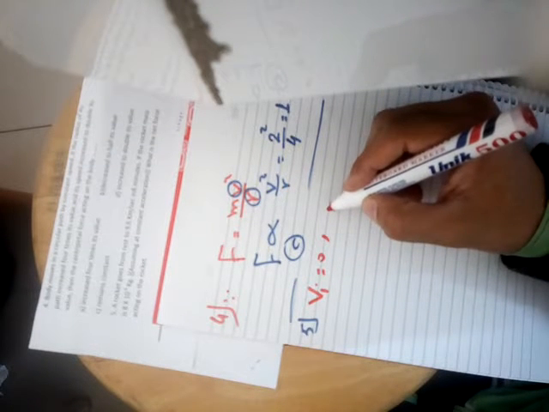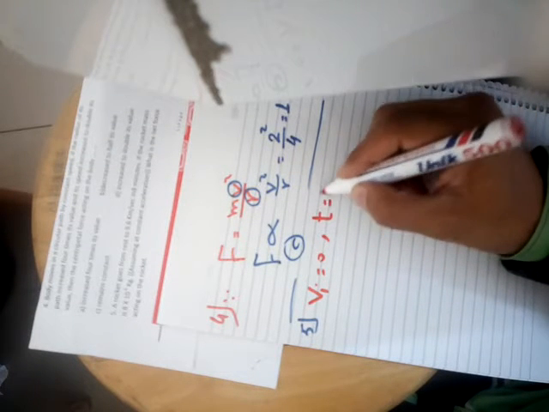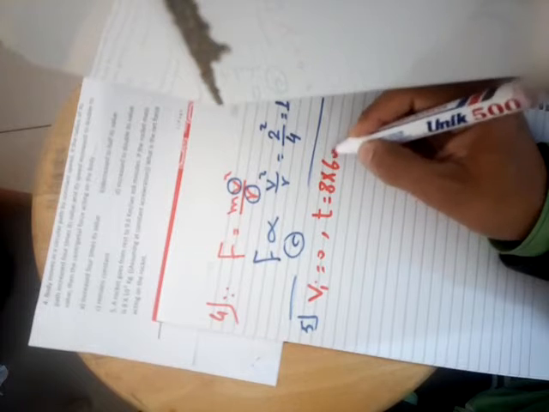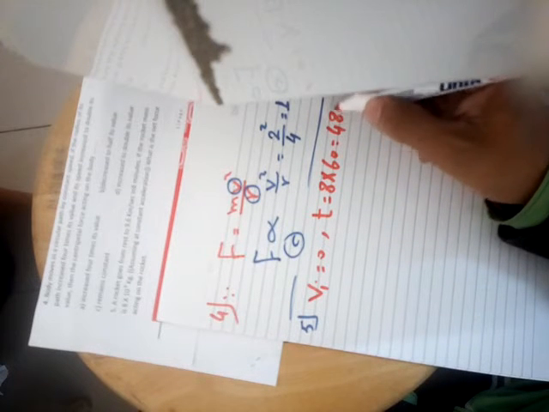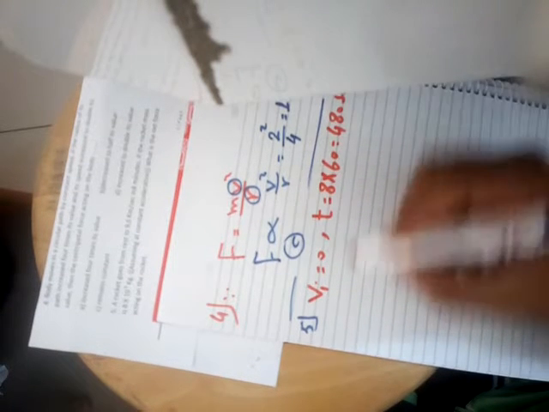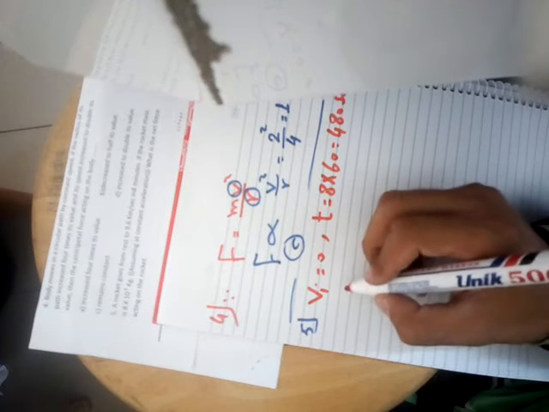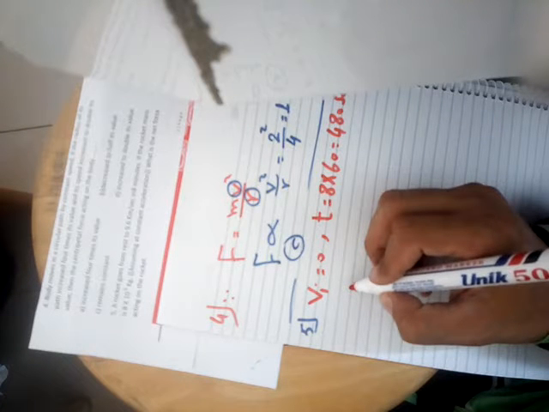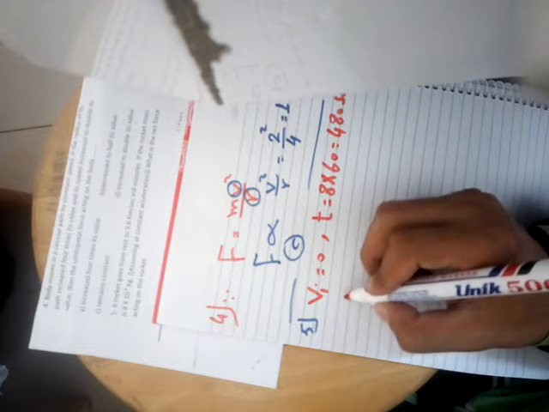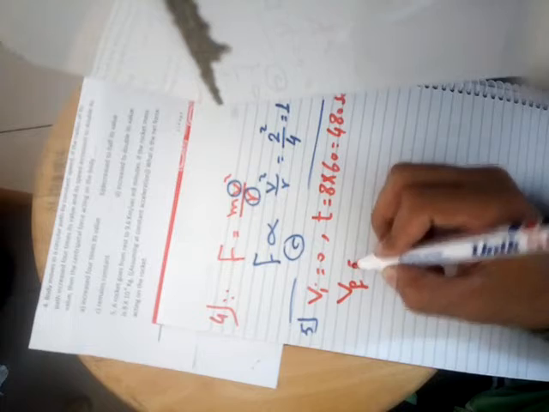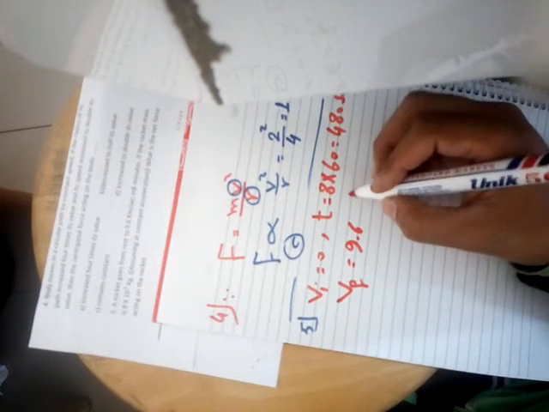Final velocity after 8 minutes. Time is 8 minutes, that means 8 times 60 equals 480 seconds. The final velocity equals 9.6 kilometer per second.